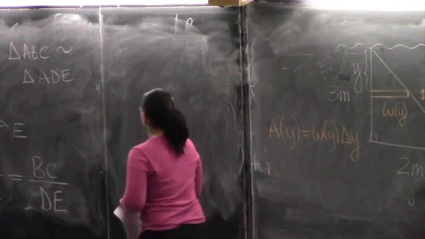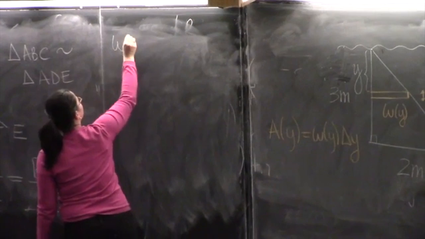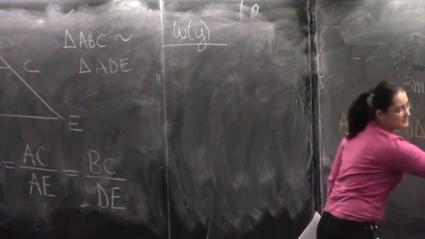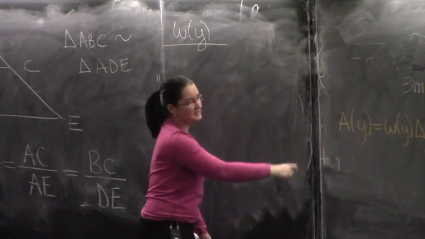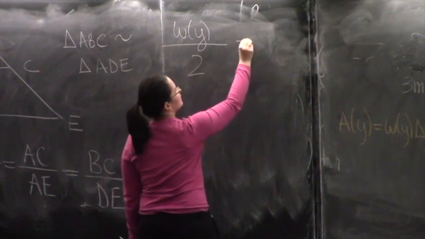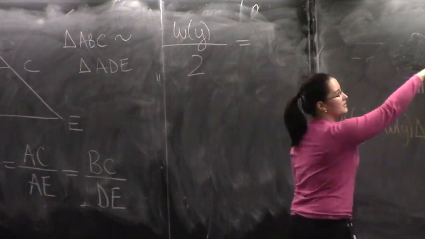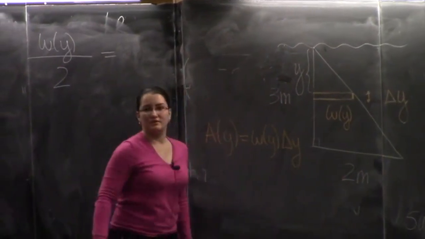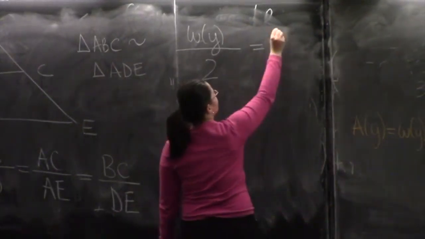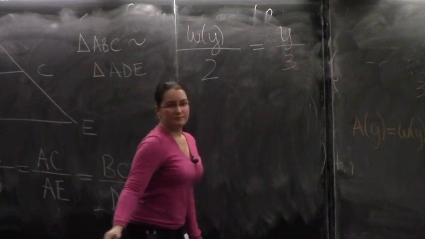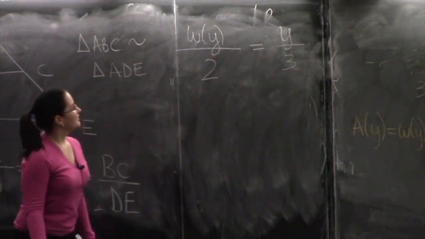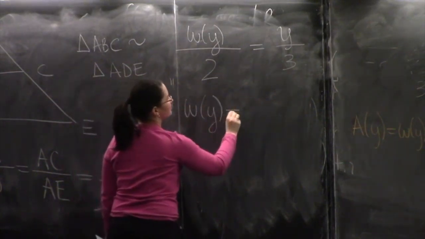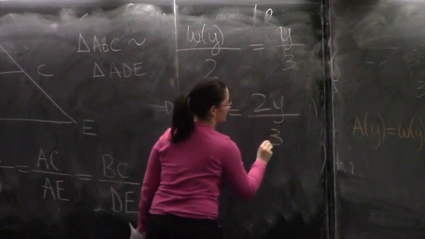So over here, we've got W of y divided by the width of the side at the bottom, which is 2. This is going to equal the length of this side divided by the total length of the vertical side of the triangle. So it's going to be y divided by 3. Good? Okay, so this means that the width is just going to be 2y divided by 3.